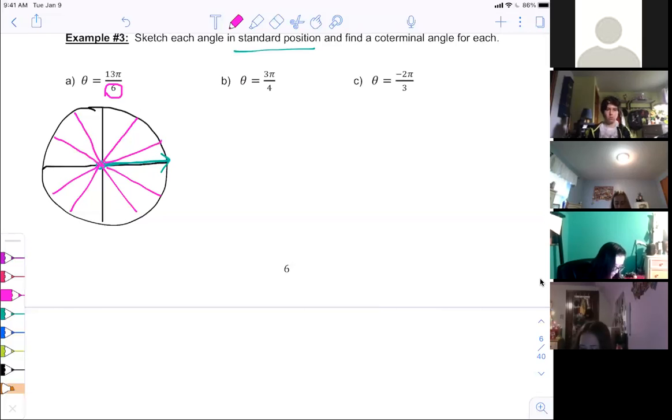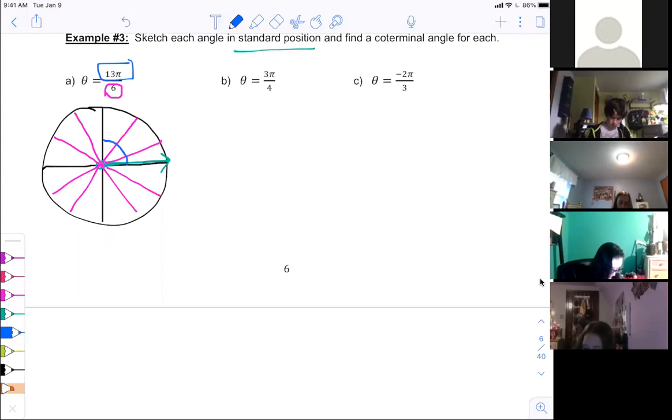So now you have to count pieces of the pie. The top value is how many pieces you are going to eat. So if I start with my positive rotation going counterclockwise, I'm going to count each piece of pie until I get to my 13th piece of pie.